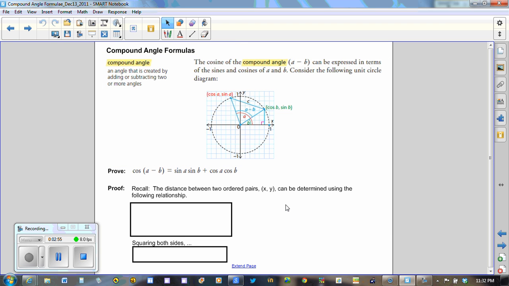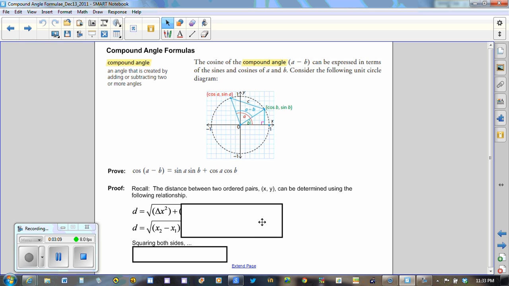The first thing we'll do is consider the distance between these two points by using a distance formula as follows.